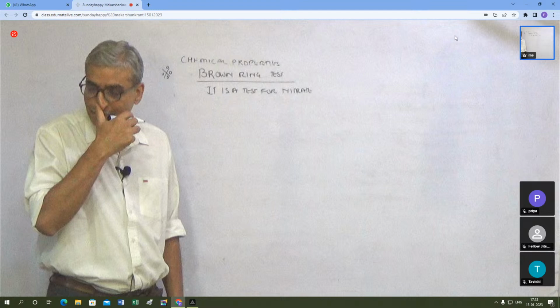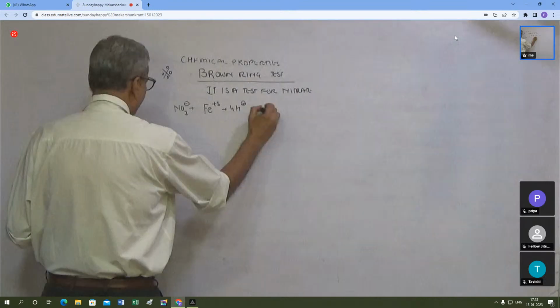So what is happening over here? The freshly prepared Fe2+ is reacting with the nitrate NO3 minus in acidic condition. And what does it give? It gives nitric oxide plus Fe3+.